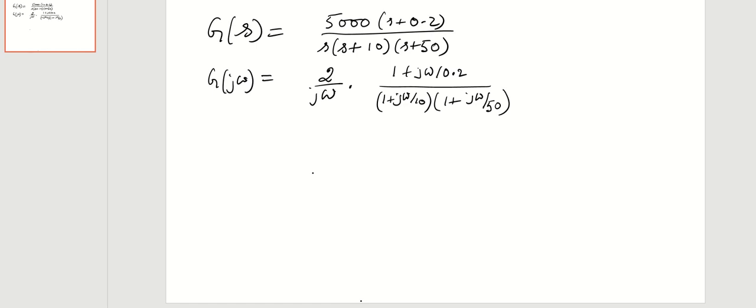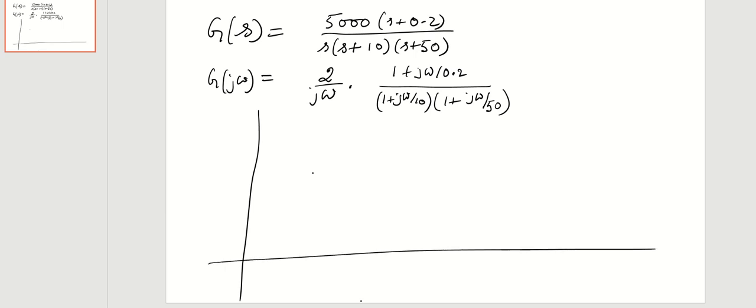So first let me draw just the magnitude plot here, whatever space we have remaining here, right? Okay, so first let us mark out the corner frequencies.